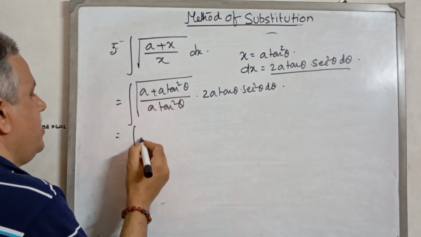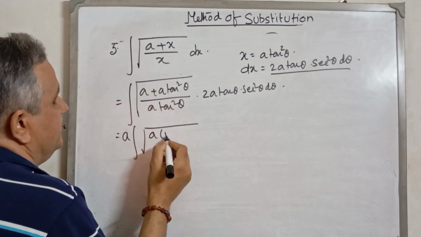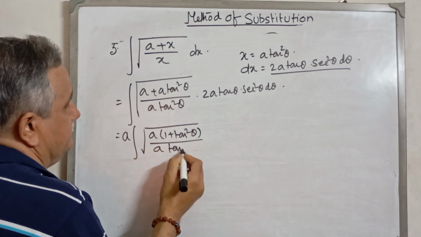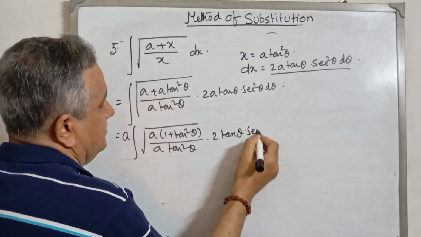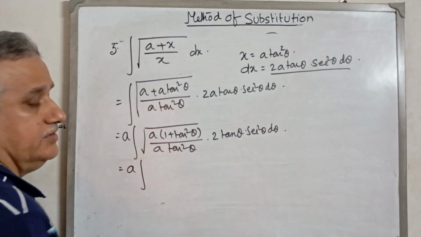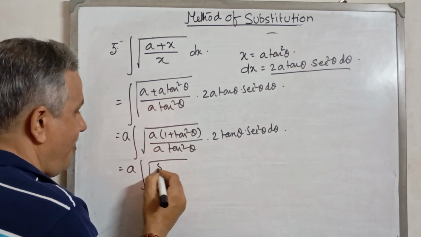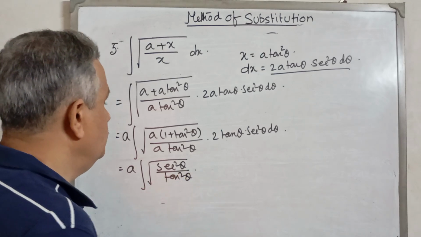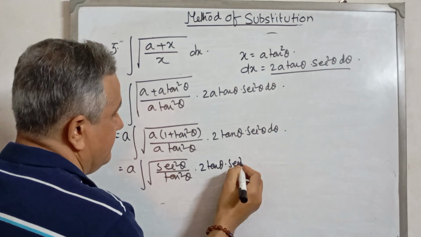Now taking common 1 plus tan square theta by a tan square theta into 2a tan theta sec square theta d theta. Now a cancels, 1 plus tan square theta is sec square theta by tan square theta into 2 tan theta into sec square theta d theta.